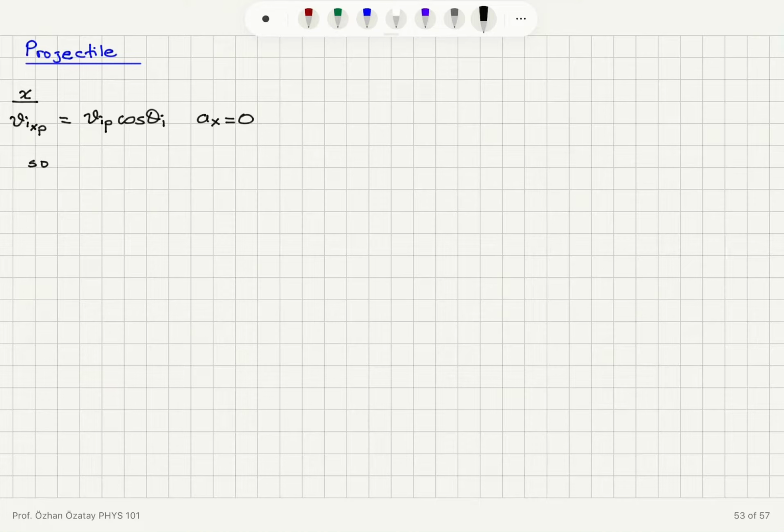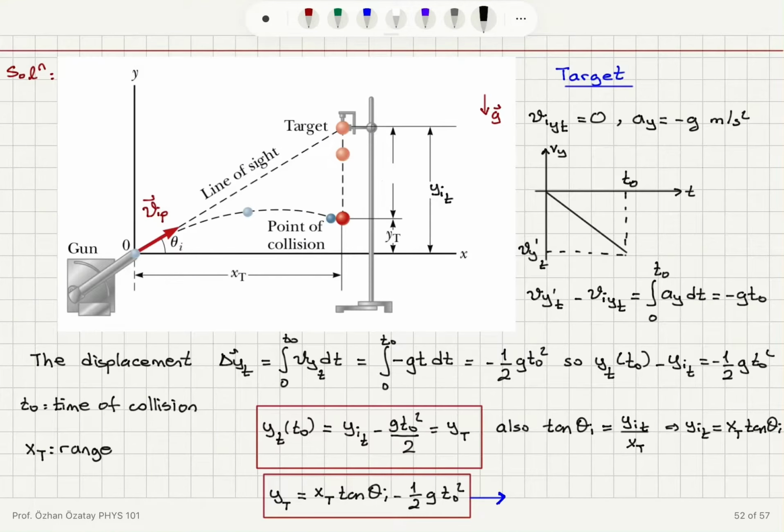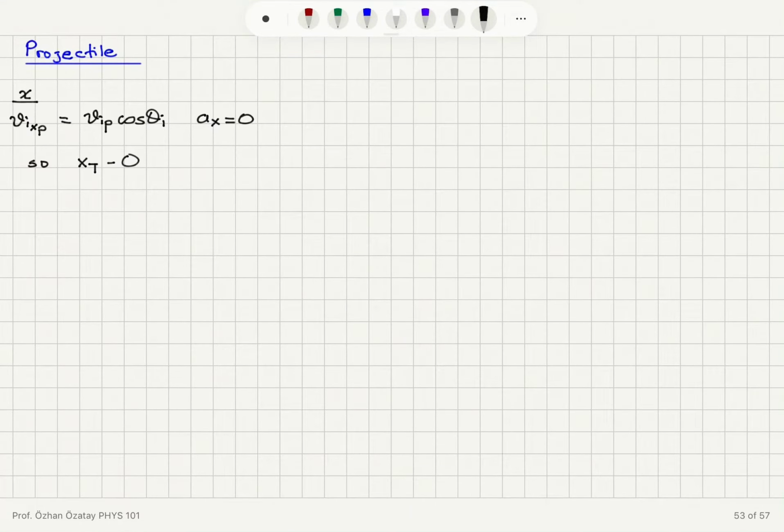So I find that the range x_t minus 0, assuming that my x and y axes have their origin at t equals 0, the displacement on the x-axis, is the integral from 0 to t0 of the x component of the velocity dt.